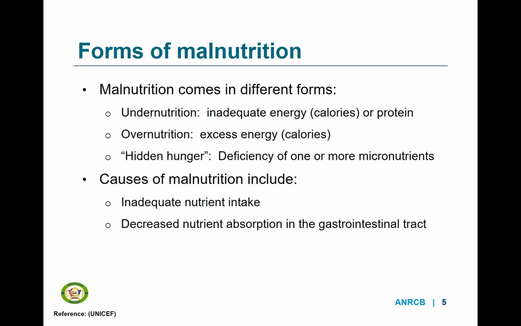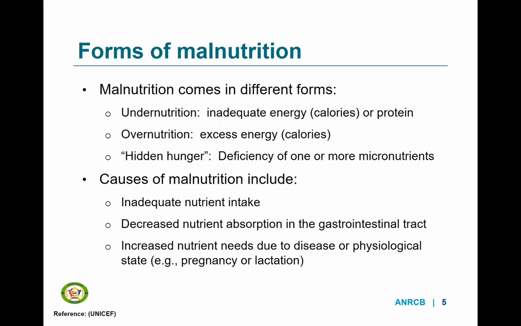For example, if a baby has a diarrheal disease, that can affect the baby's ability to take the nutrients in food and bring them into the body. So the nutrients are eaten, but they're not absorbed.